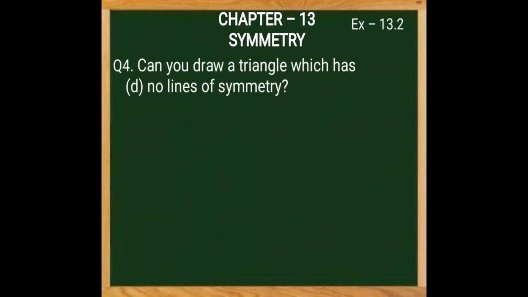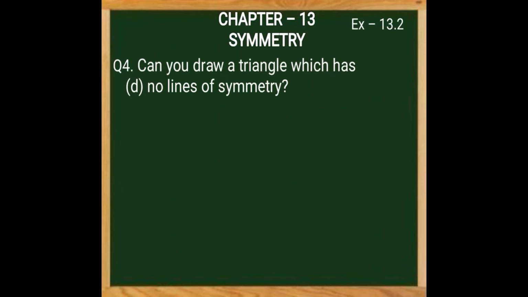D part of question number 4. They say, can you draw a triangle which has no line of symmetry? So when I say no line of symmetry, what strikes your brain? In my class today itself, we came across such a situation where we were not able to draw any line of symmetry for a triangle. And what was the name of that triangle? Yes, it was a scalene triangle.